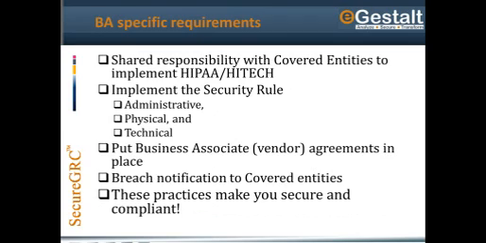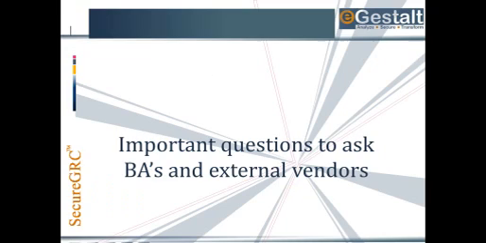So if business associates are working with vendors who are going to be handling patient information, they also need to ensure that they're putting contracts and safeguards in place so that patient information is not compromised. And of course, they need to report any notifications to covered entities, and these are part of the best practices that business associates need to implement that will make them secure and compliant.